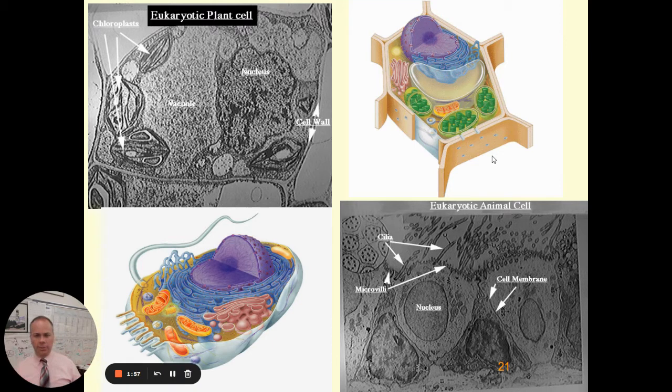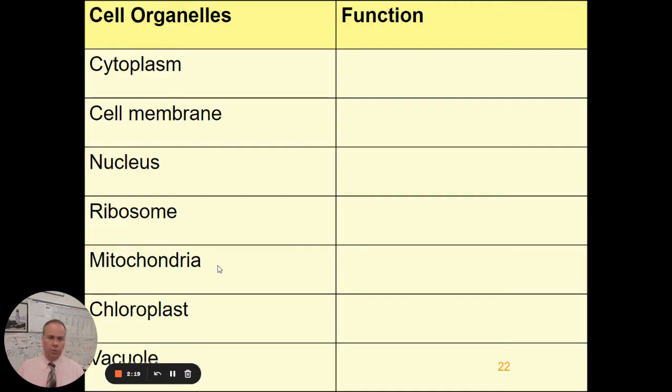Plant cells typically have things like the cell wall, and chloroplasts if it's part of the plant that makes its own food through photosynthesis. They also have a large central vacuole and a nucleus. If we're looking at an animal cell, there is no cell wall, there's no chloroplast, and there's no large vacuole in the middle. So there are differences between plant and animal cells.